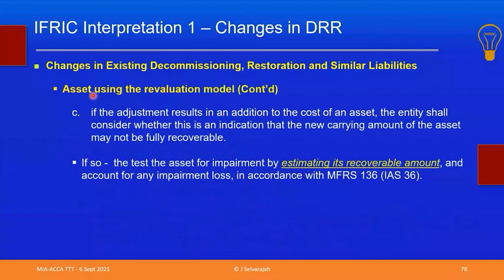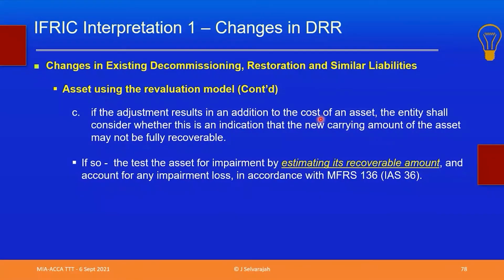Okay. Now, if the adjustment results in an addition to the cost of the asset, so because you're adding to the cost, the thing is depreciating, but because of this revaluation, you add to the cost of asset. Look at the asset. Can it be recoverable? So that's what it's asking us to do.